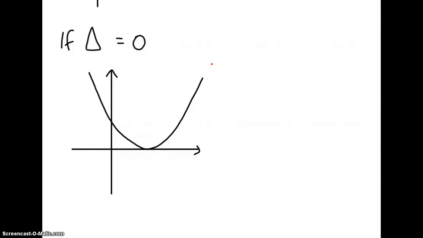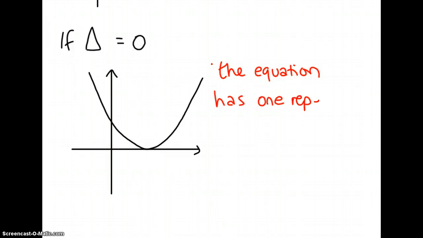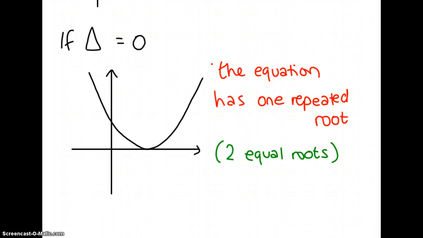And that's because the equation has one repeated root. And sometimes that's also said that it has two equal roots. So it's only crossing at one point. Crosses the axis just once.